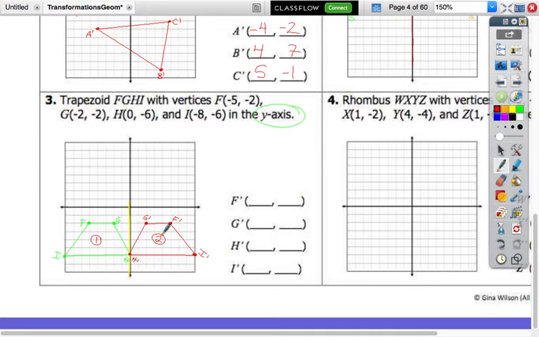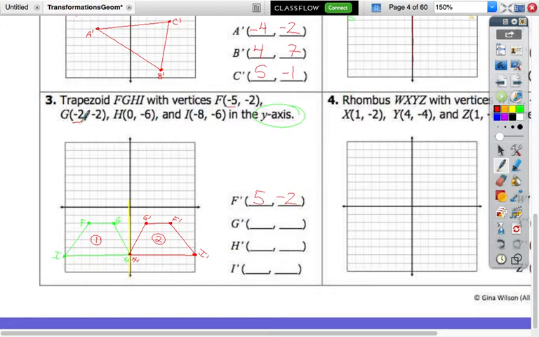Now, when we reflect across the y-axis, what did we say about the ordered pairs? What changes? The x. So I'm going to take every x and change the sign. So if this is negative 5, when I change it, it's going to be positive 5, negative 2. Does the y change? No, just the x.